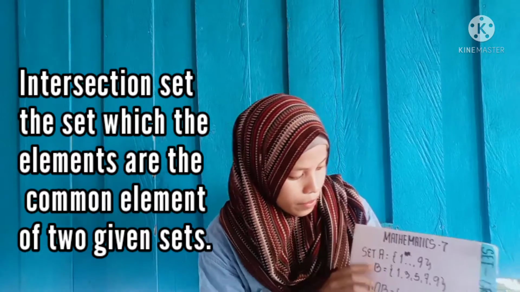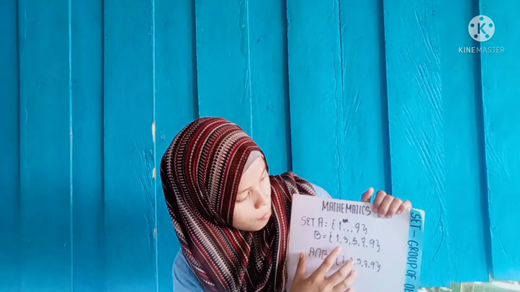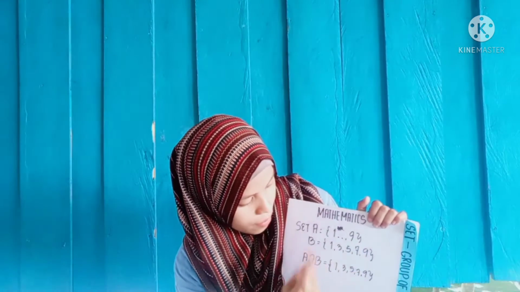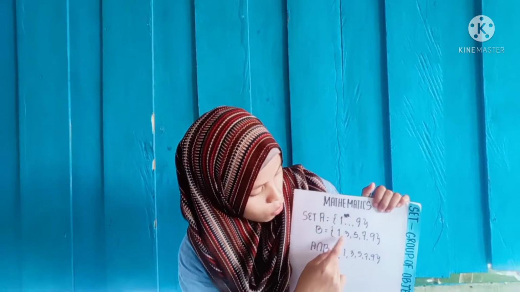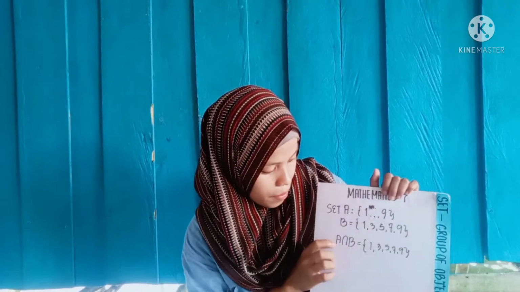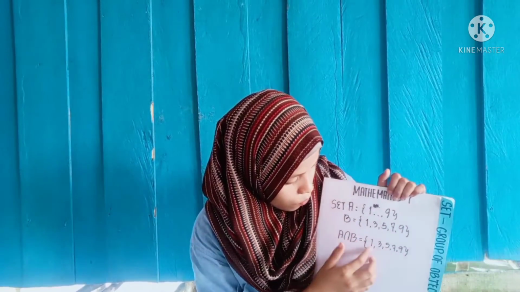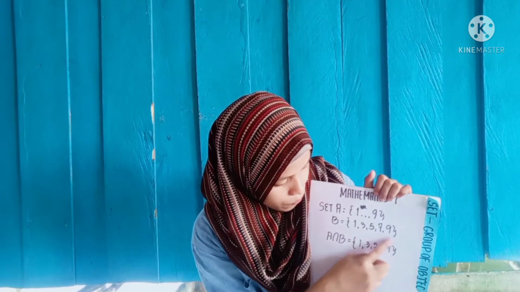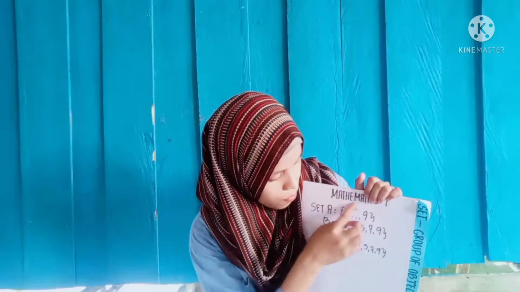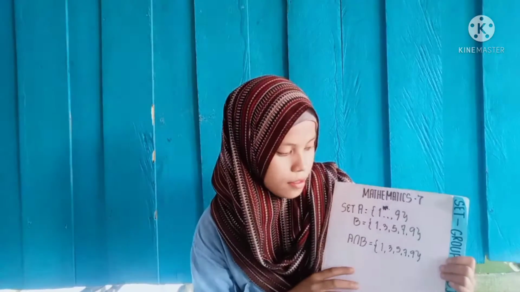For example, set A is the set of whole numbers from 1 to 9, and set B is the set of 1, 3, 5, 7, 9. When we take the intersection of A and B, we get 1, 3, 5, 7, 9. These are the elements found in both sets, so that is the intersection set.